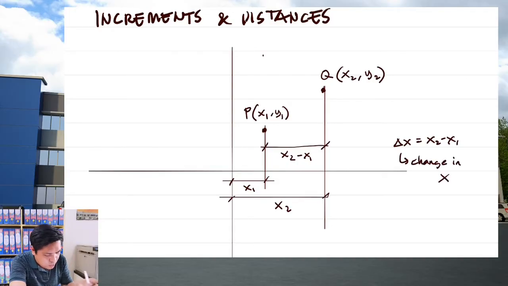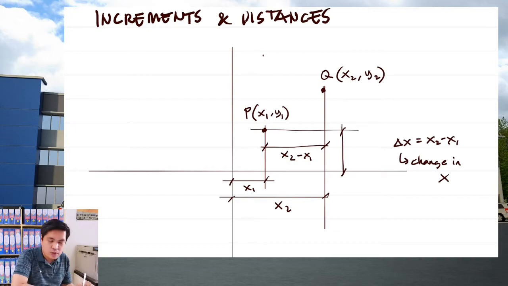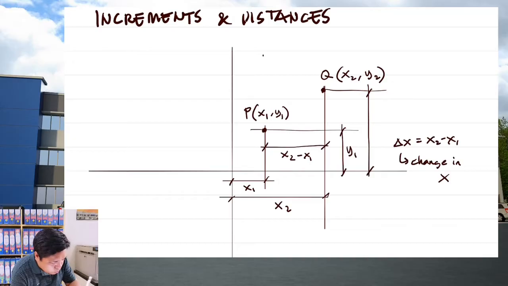Likewise, there's also a change in y. For the first point, this is its vertical distance from the x-axis, so we call this y1. For our second point, point Q, this distance is y2. So the change in the distance vertically is y2 minus y1.